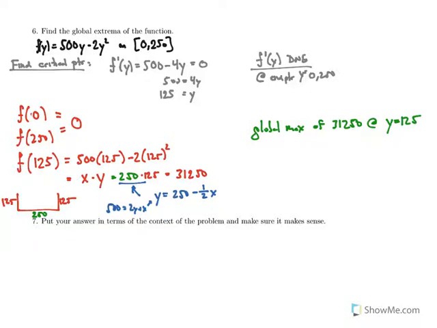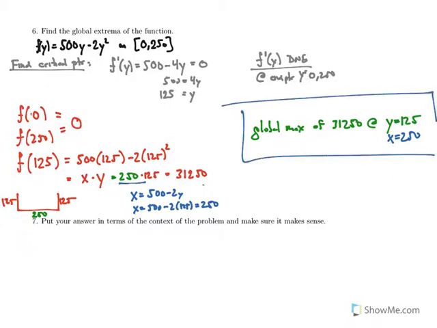So if y is 125, sorry, I should write this as x. We have x is equal to 500 minus 2y. 500 minus 2 times 125 is 250. And that's going to be our x value here, which is going to be important. So that's basically the answer to our question.